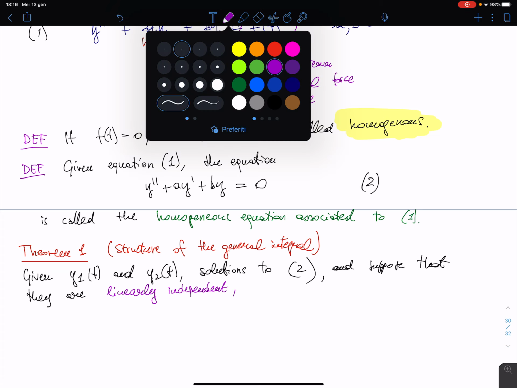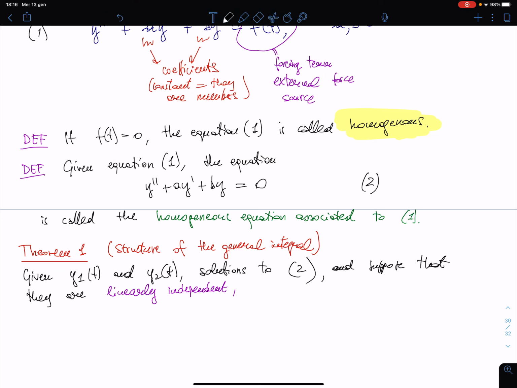What does it mean? This is a very important notion that will be useful in the course of geometry. The whole course of geometry or linear algebra is based on this notion.